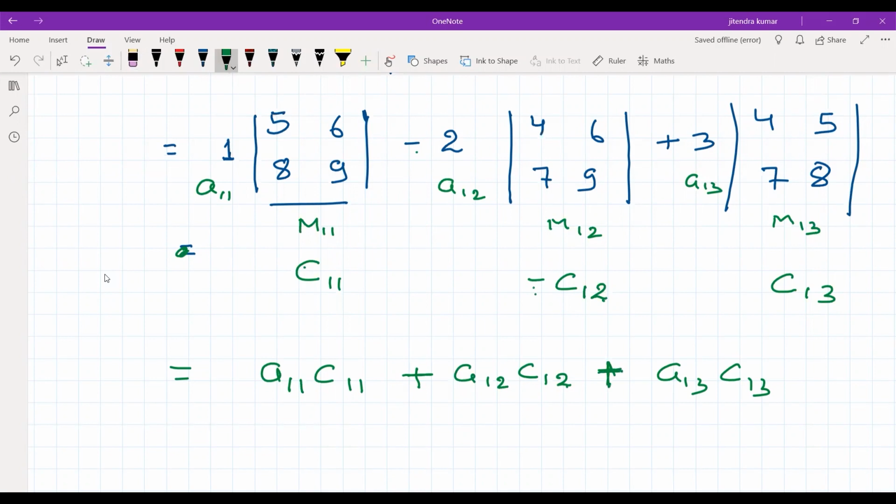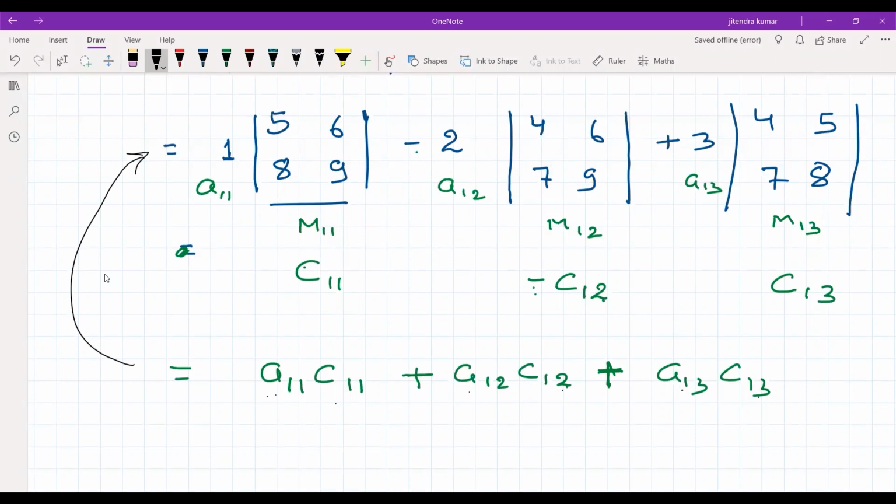If you put the values of A11 and C11, A12 and C12, A13 and C13, we get the same expansion as we have been doing before.